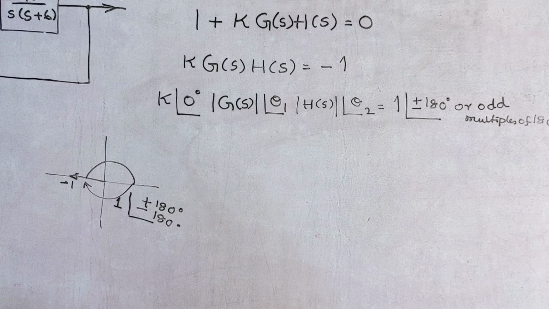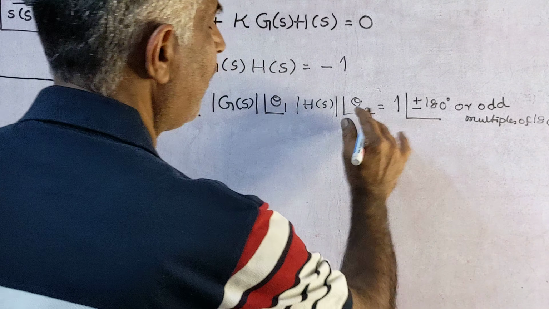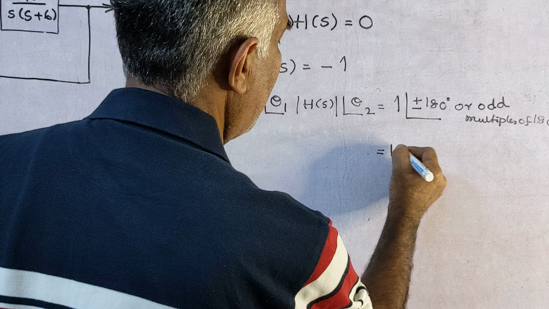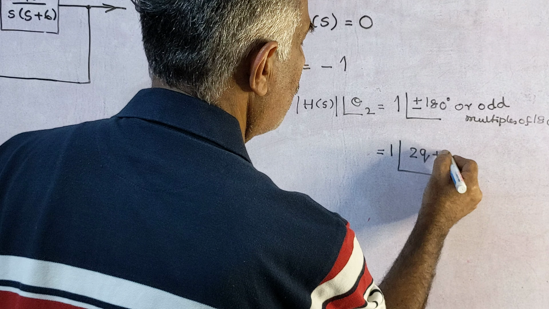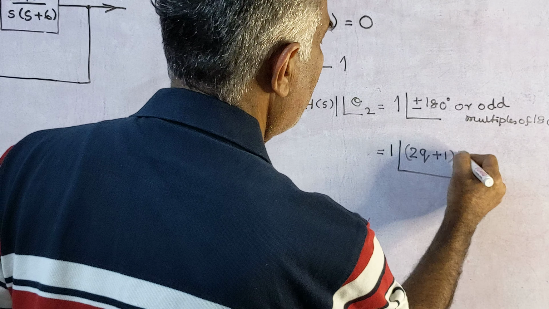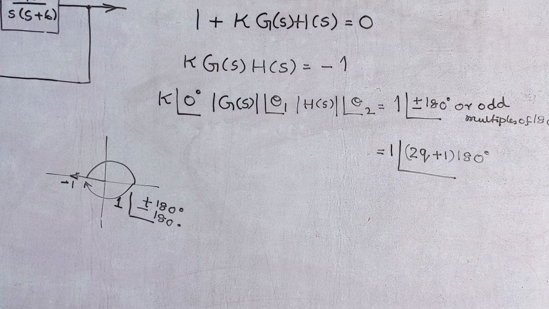I will write this in the form (2q plus 1) times 180 degrees.